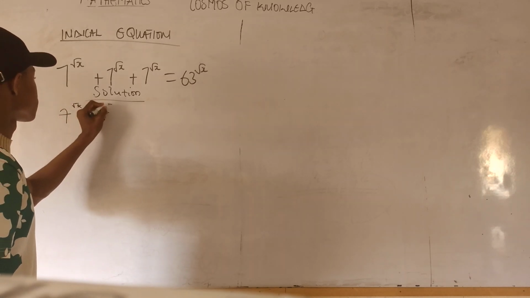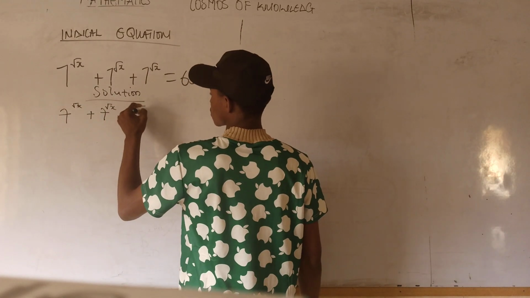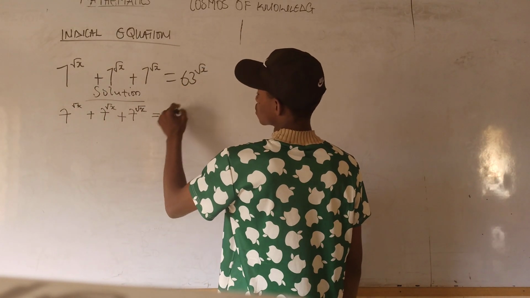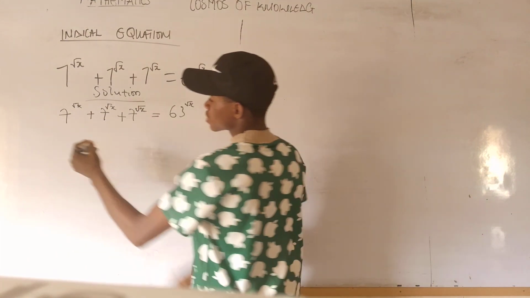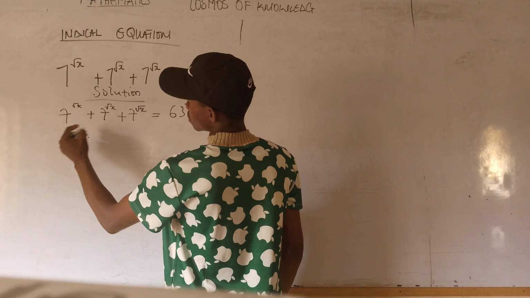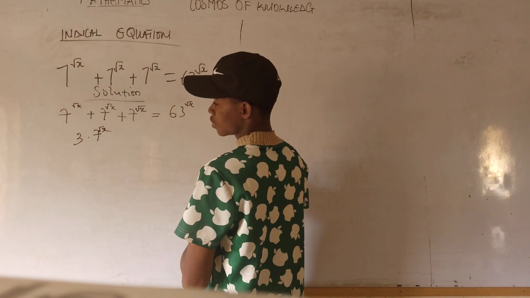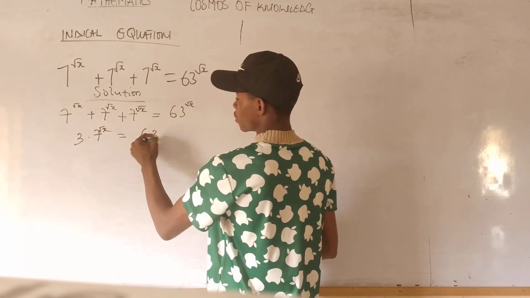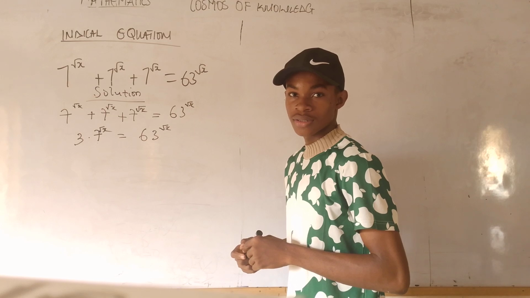Plus raised to x equals to, okay, remember what I said. So you can simply write this as what? 3.7 raised to power x, okay, equals 63 to the root of x.